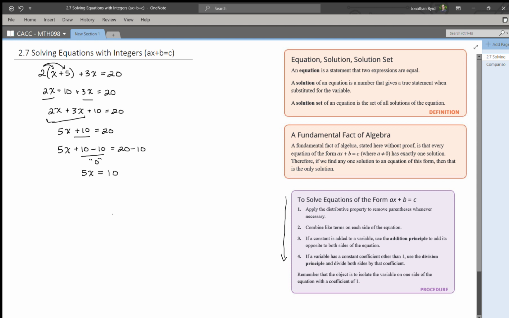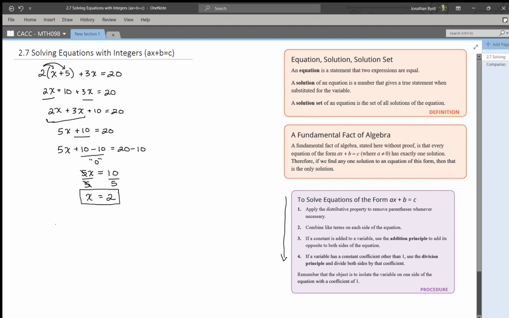And now last step, I have a 5 that's being multiplied by x out in front. So if I divide both sides by 5, that'll get rid of the 5 on the left-hand side. That'll leave me with just x. And then 10 divided by 5 reduces to 2. So x equals 2 is the solution to this equation.